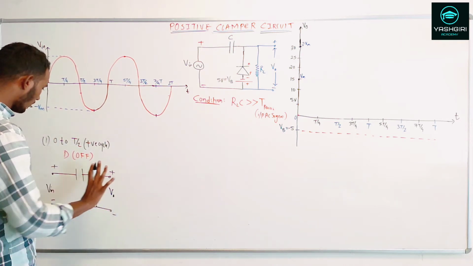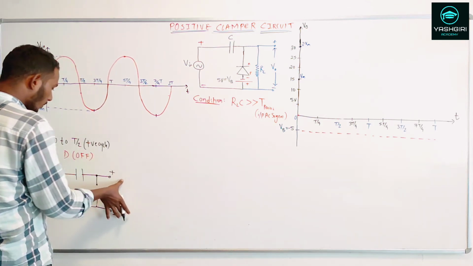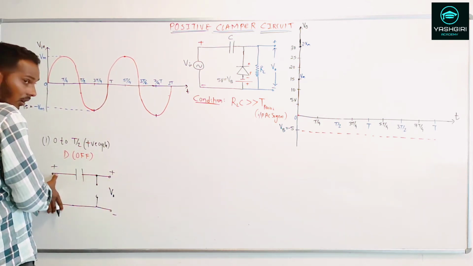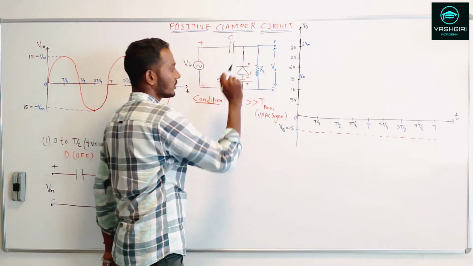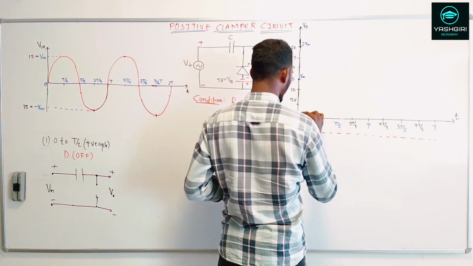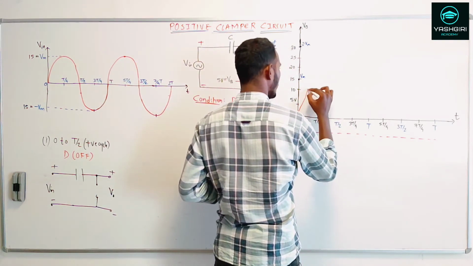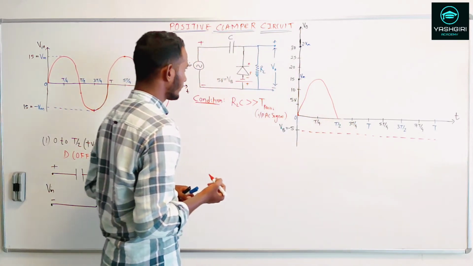This is my V out. So all the input will be available at V out, the capacitor will start charging. So here I can draw V out follows the input, exactly.